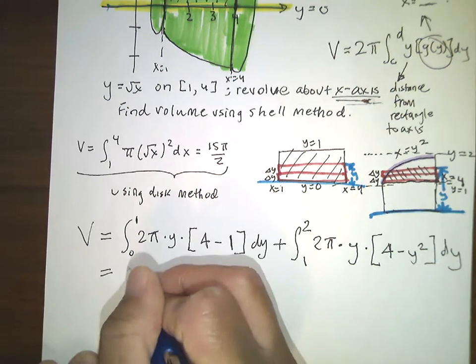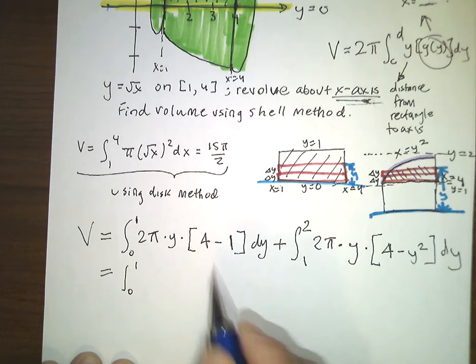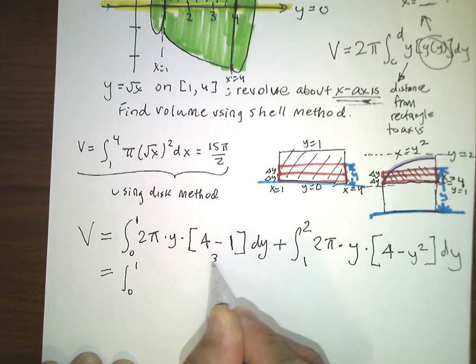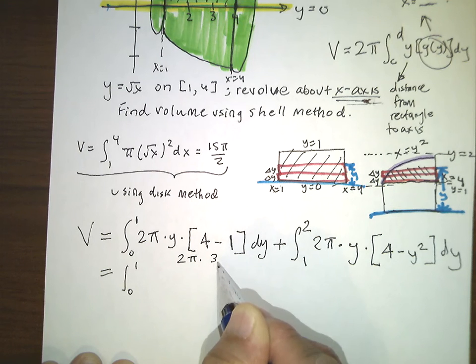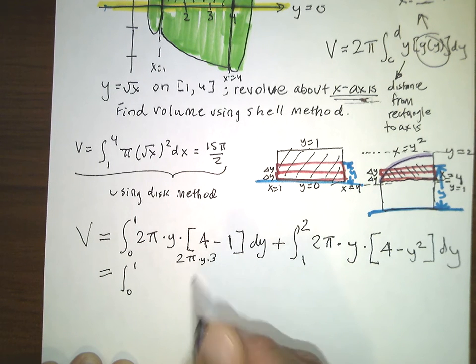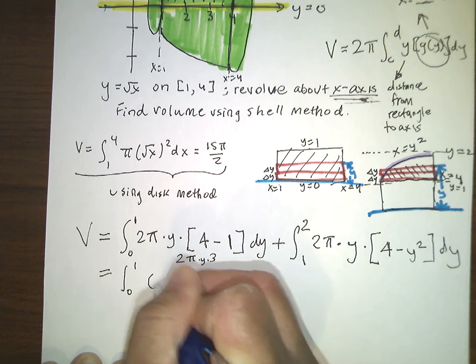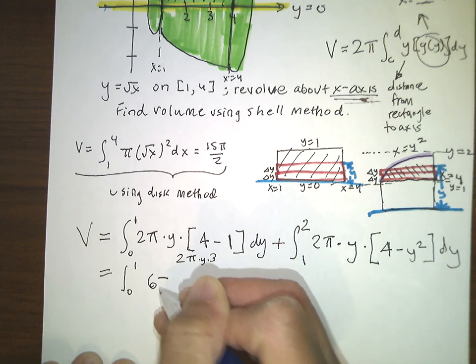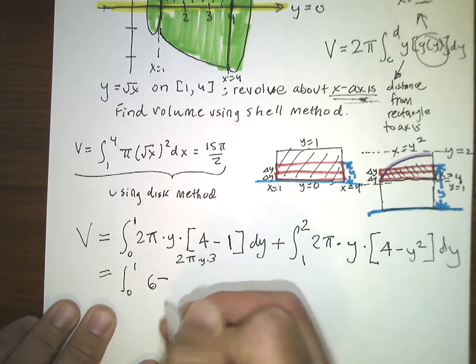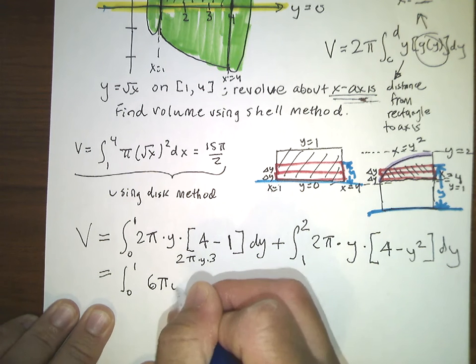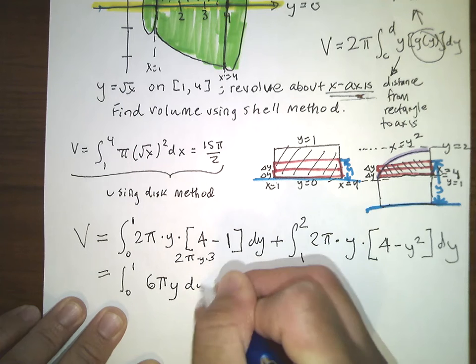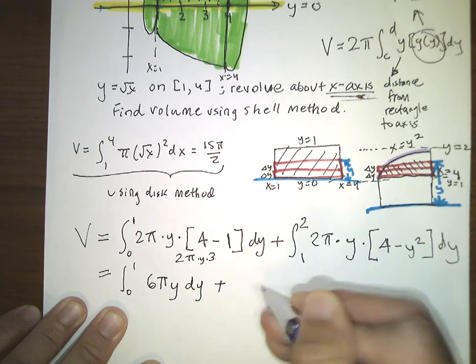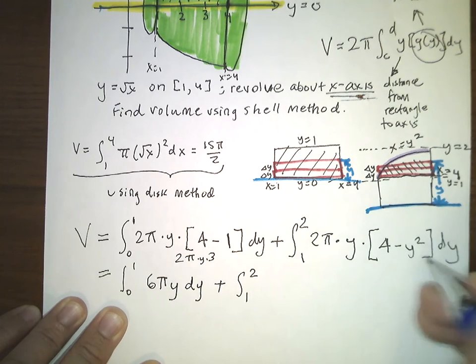So now I have integral from 0 to 1, and 4 minus 1 is 3. So I have 2 pi times y times 3, so that will be 6 pi y, all right, dy, and then plus integral from 1 to 2.